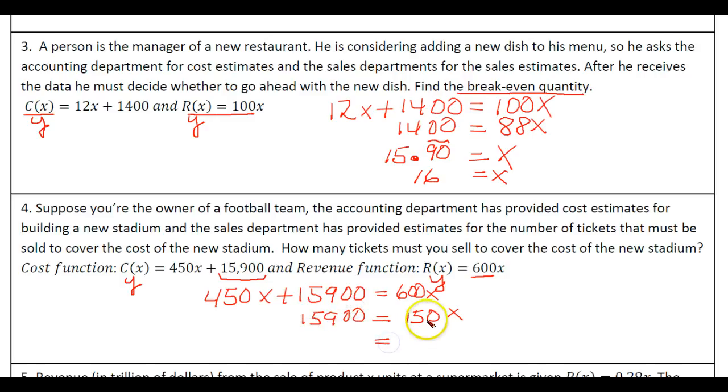Divide both sides by 150 and we get x equals 106. So it must be a rather small stadium, and again, we're not looking at that.